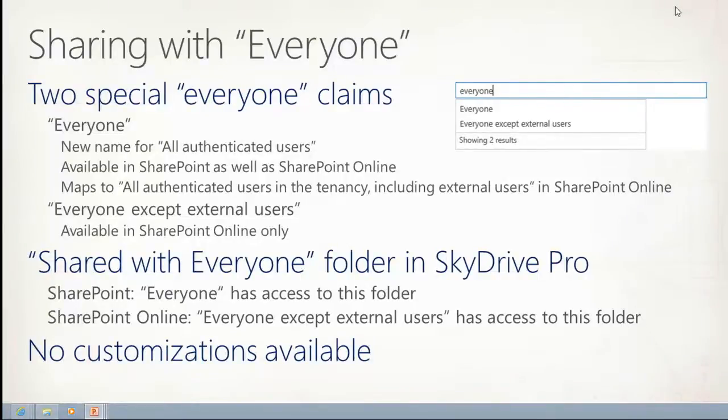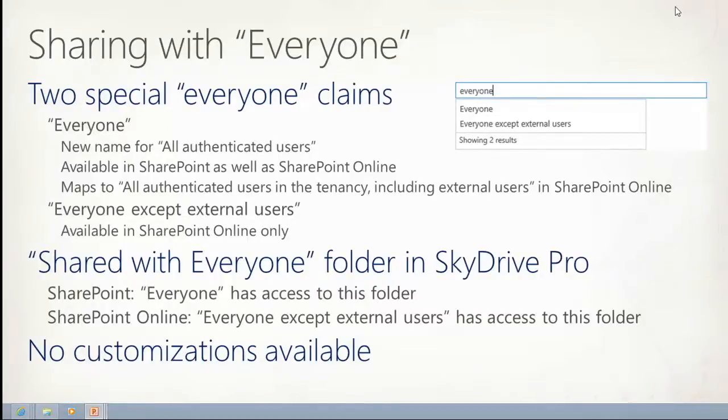So as you upload a document inside, or if you just simply drag and drop, the document will be shared with everyone. Now, in on-prem scenarios, there's only one everyone. So when you put a document inside, it will be shared with all authenticated users in your company. In a SharePoint Online scenario, if you put a document inside, it will be shared with everyone except external users. So we just wanted to make it secure enough so that you share it with everyone in your company, but external users don't get access to it.